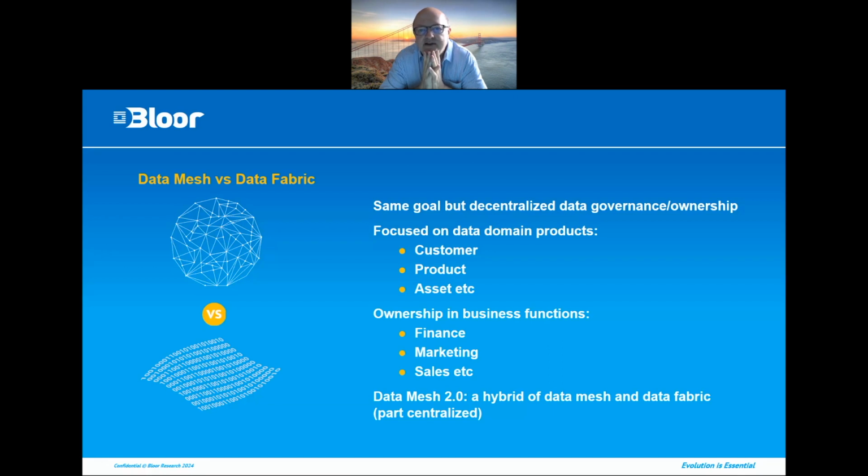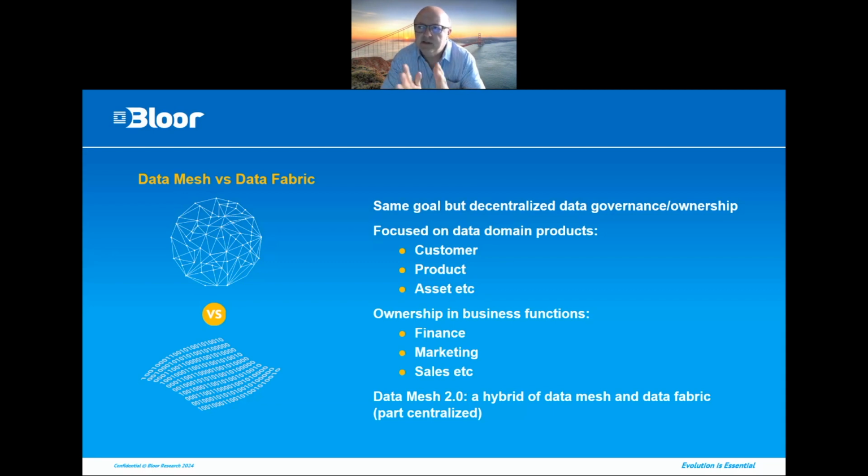So with the data mesh, the idea is to focus on producing data assets, as they will be termed. So something like customer or product will be the sort of end result, and that would involve particular business users being assigned ownership of those things. It may be certain departments that really own something like the product data, someone else may own asset data or customer data.